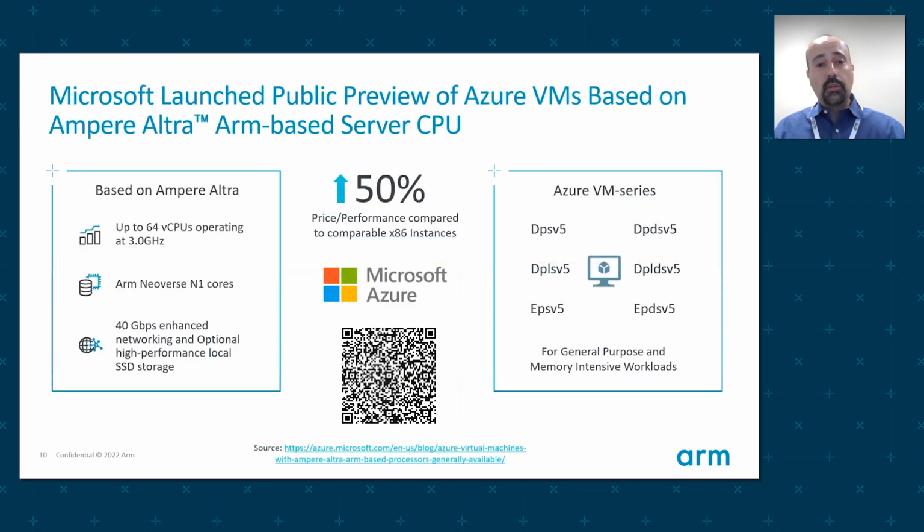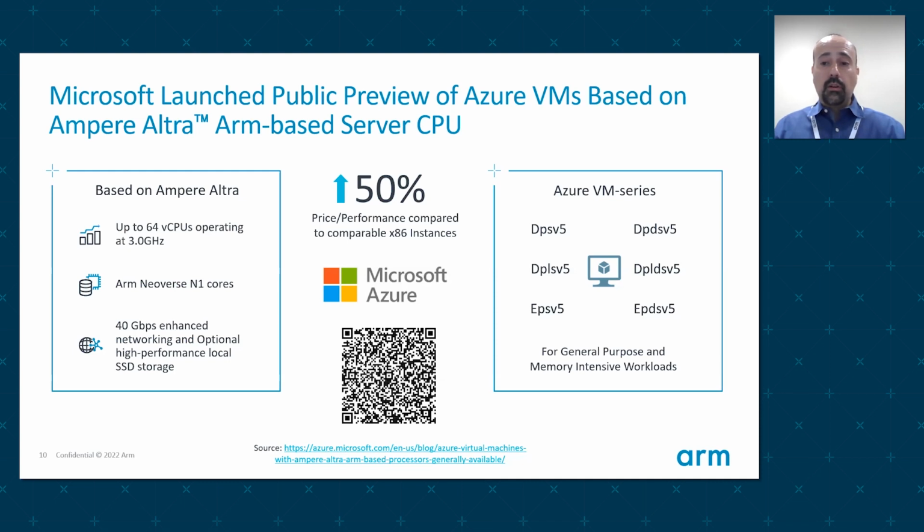Now, a third partner that I'd like to highlight is Microsoft Azure. This year, Azure VMs based on Ampere Altra ARM CPUs were made available to the general public. Their DPSv5 VM series, designed to run general-purpose Linux workloads, such as web servers, application servers, open source databases, and even .NET applications or Java applications, are now available in public preview.